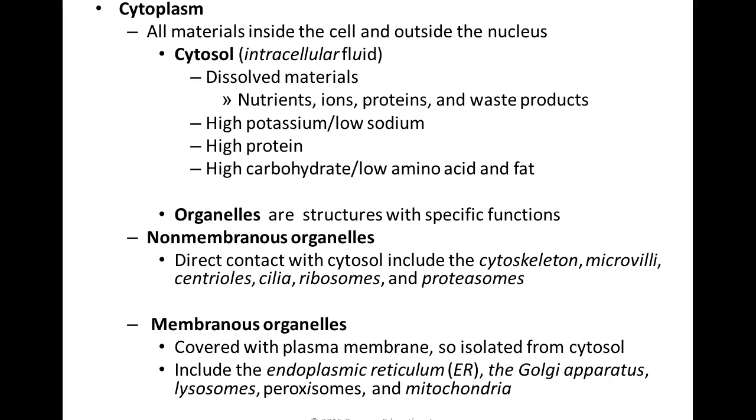You have dissolved materials inside: nutrients, ions, proteins, also waste products, things that the cell is getting ready to send out. In comparison, the inside of the cell is higher in potassium and lower in sodium compared to the outside. And inside is higher in proteins compared to the outside. High carbohydrate, low amino acid and fat.